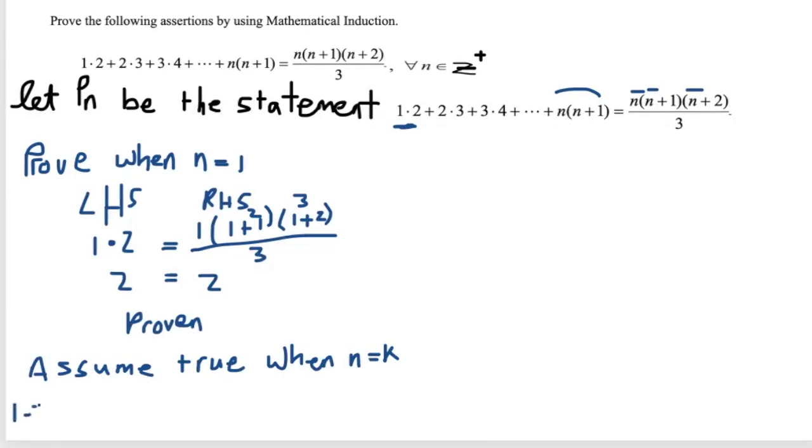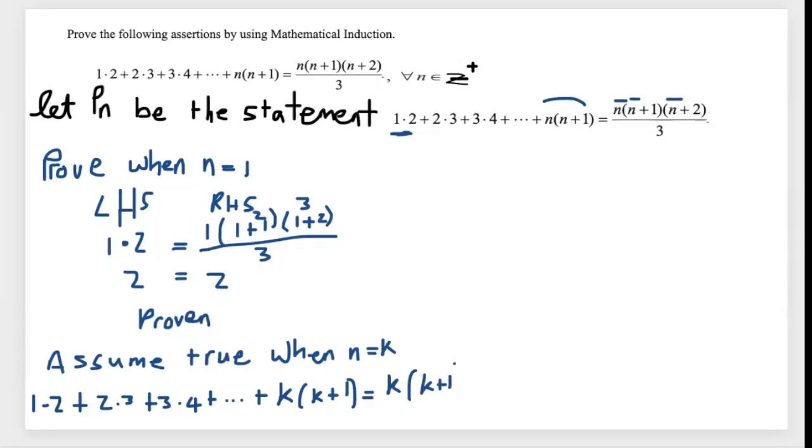So I have 1.2 plus 2.3 plus 3.4, and it continues, plus k, open bracket, k plus 1, equal, numerator I'll have k into k plus 1 times k plus 2 all over 3.